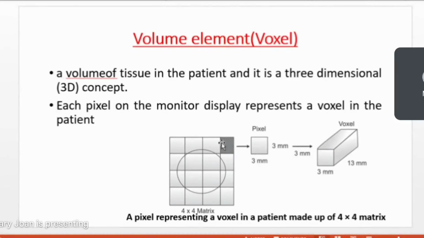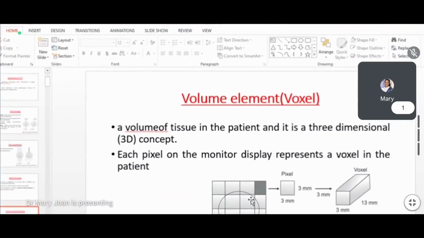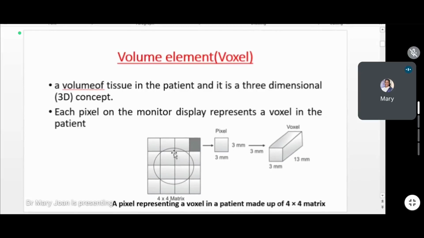So this is a 4x4 matrix. There are 4 rows, 1, 2, 3, 4, and 4 columns.